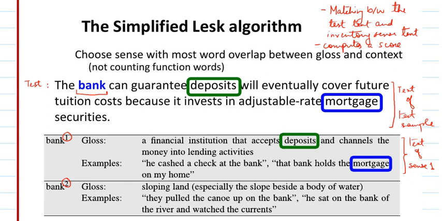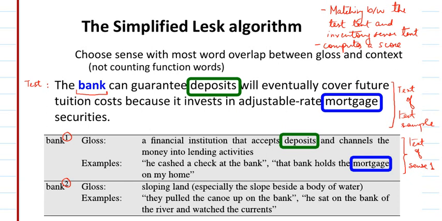So it does this for all of the senses present in the inventory, right? So it will generate a score for sense 1 of bank, and it will generate a score for sense 2 of bank. Whichever sense is having a higher score, that is the predicted sense, right?